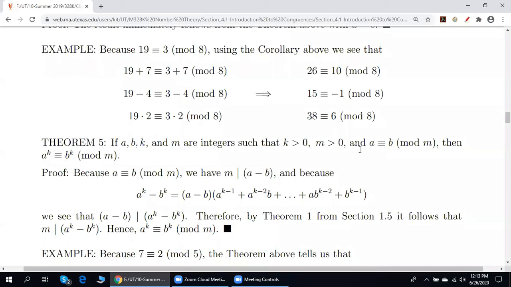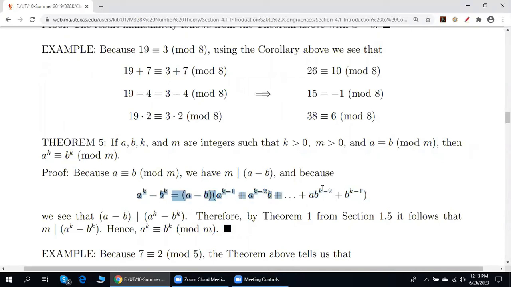Next, suppose A is congruent to B modulo M. We can raise both sides to any positive integer power over here. Proof. A is congruent to B modulo M means M divides A minus B. Note that A to k's power minus B to k's power by college algebra is equal to this.